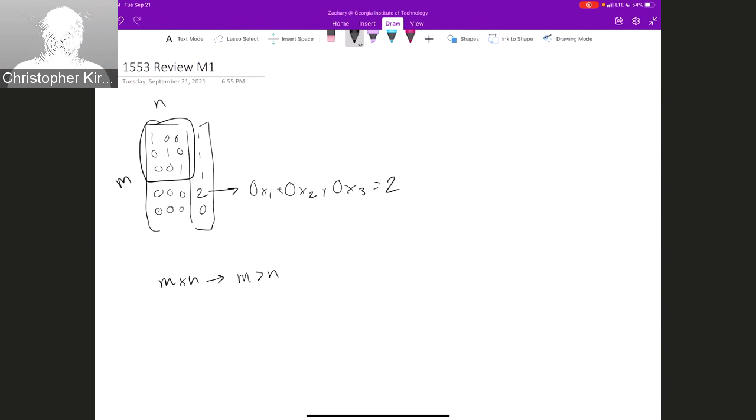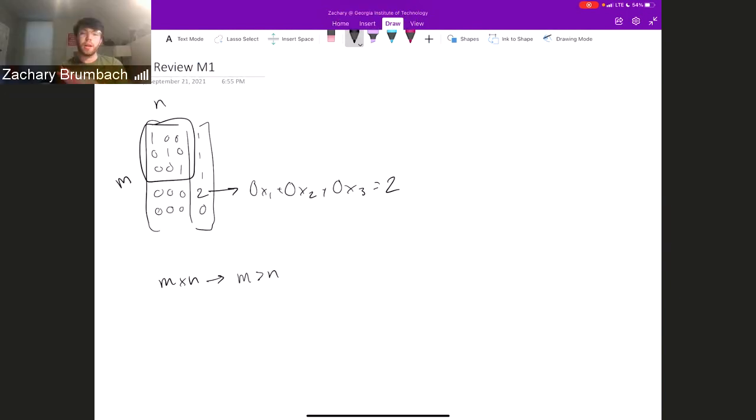That makes the system inconsistent. There are a whole bunch of different inconsistencies, but for this, 0 cannot equal 2, so there's no solution. Inconsistency in terms of solution set means you have a couple equations, and at some point two of them have the variable equal different things, so they can't exist in the same set, if that makes sense.